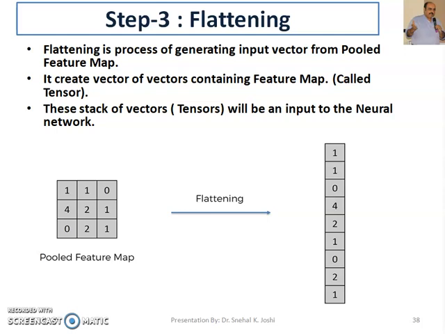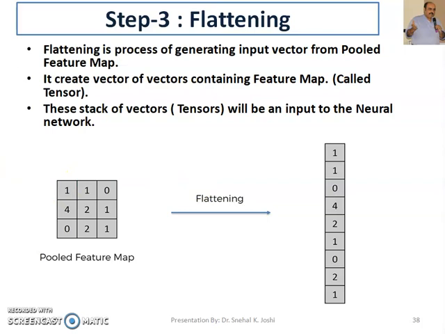Here the two-dimensional pooled feature sets are transferred to a single dimensional vector. Each of these vectors will be input to the input layer of the neural network. We have a vector of 64 vectors, so we also call it a tensor. For each vector we will have one input node, so our input layer will have 64 nodes.